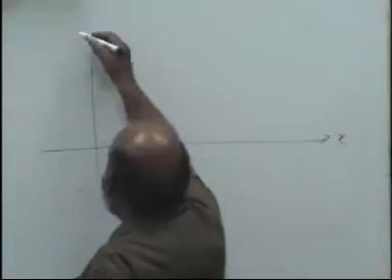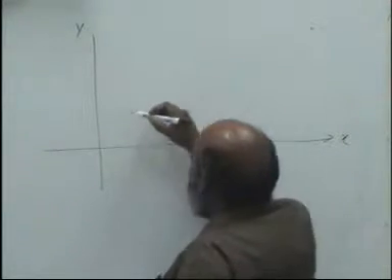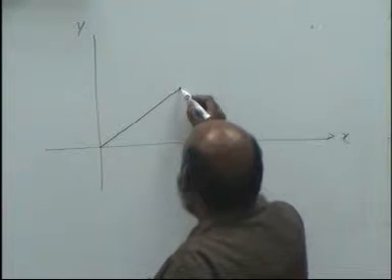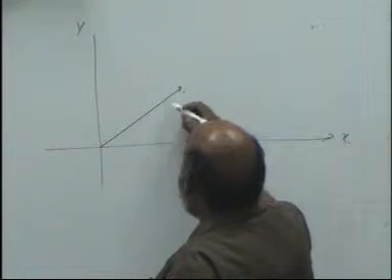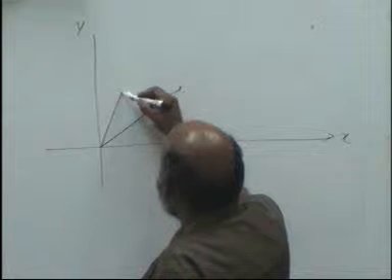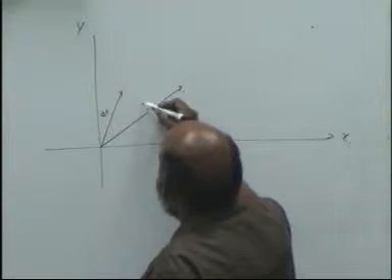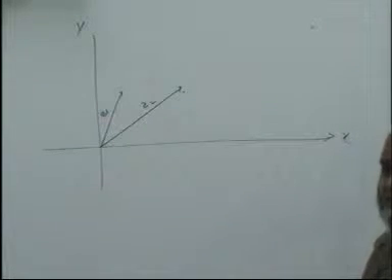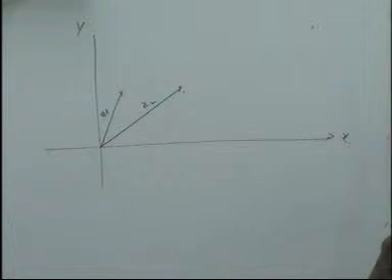In fact, the addition is very much similar to the addition of vectors. For example, if you consider this is x-axis and this is y-axis, and if we consider this vector, let us say this is a vector and this is another vector, say this is z1 and this is z2. If we are required to add these two vectors, we always use the parallelogram law.